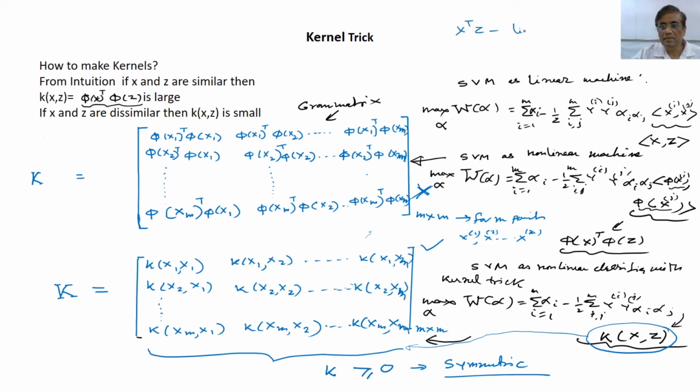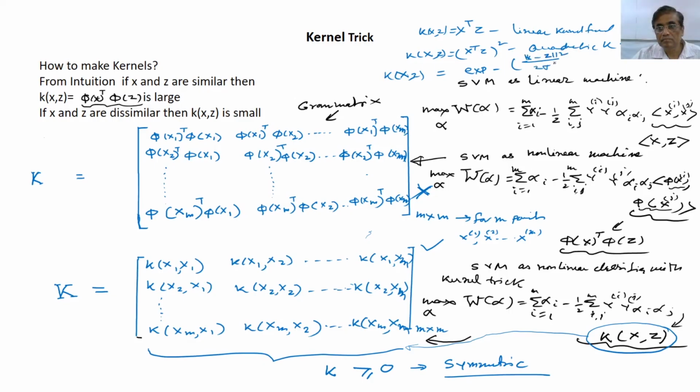what is called the linear kernel function, x transpose z, the quadratic kernel function, then you have, as the other day I have already shown you, a kernel function like this.